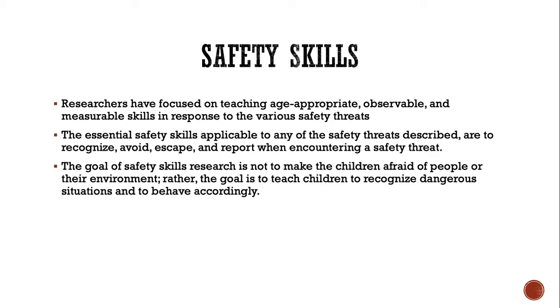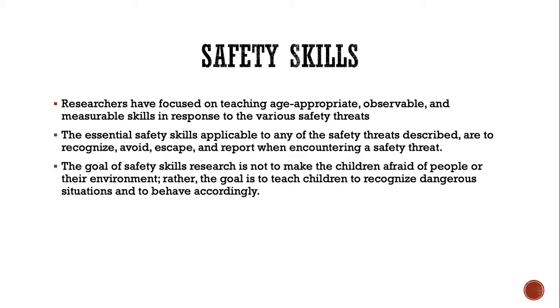Researchers have focused on teaching age-appropriate, observable, measurable skills in response to the various safety threats. According to Miltenberger and Harrington, the essential safety skills applicable to any of the safety threats described are to recognize, avoid, escape, and report when encountering a safety threat.